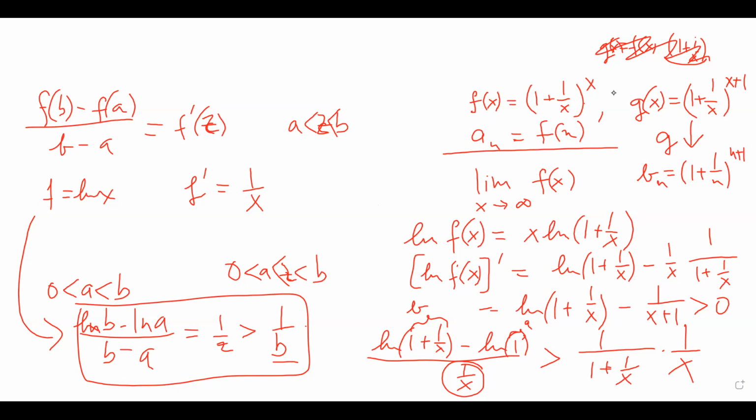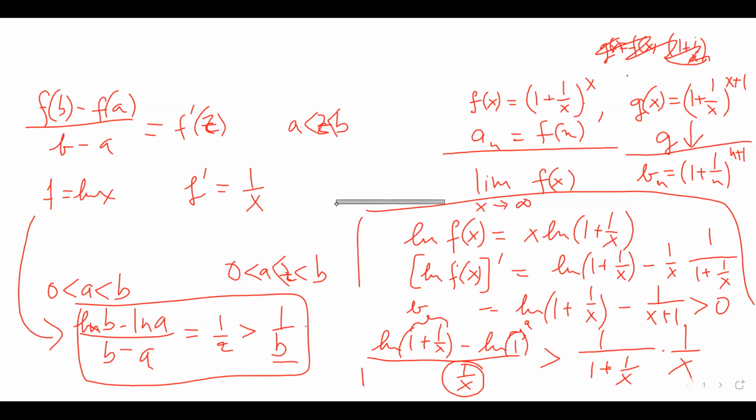I will leave this as an exercise for you: to show that this is a decreasing function, try to follow the same proof as the one here. Now this follows that, oops, sorry.